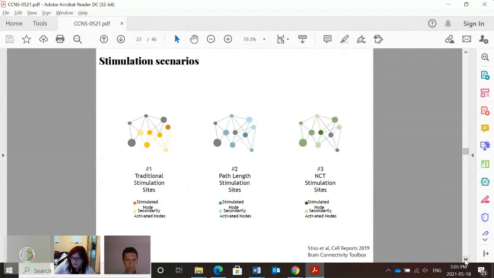So altogether, you've got these three different scenarios. One is driven from the literature and you see in clinical practice. Two is a really simple network measure, just how far away is it in terms of path length. And three, we run the network control theory simulations to come out with the nodes that create the greatest activation.